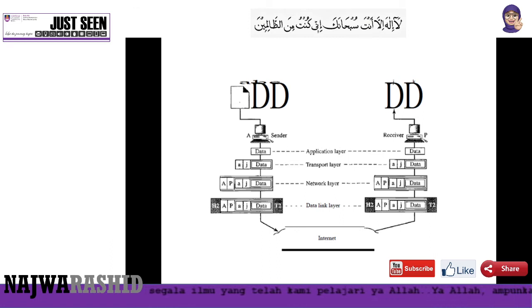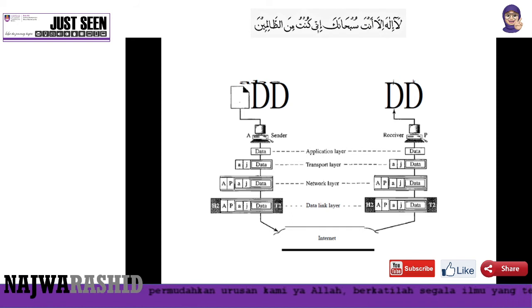So A and P are used in order to determine to whom the data needs to be sent. And A and J are the port numbers being used for that communication. Through the data link layer, those will be encapsulated with the header and trailer. So it will travel through the internet and be received by device P. At this part, it will be decapsulated. So that is the process of port address.